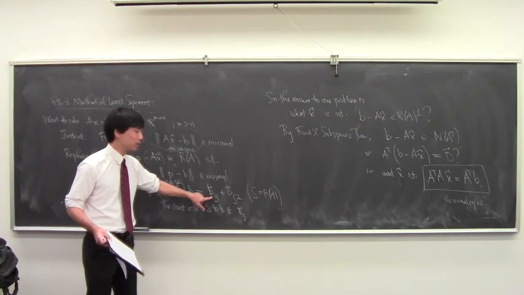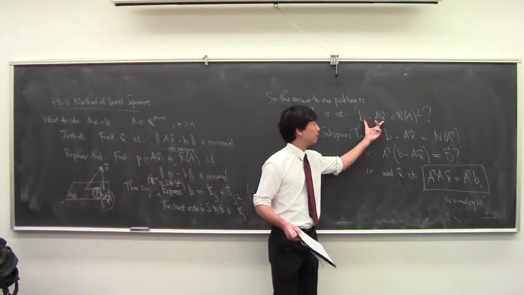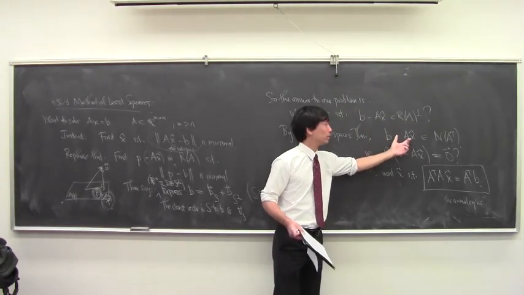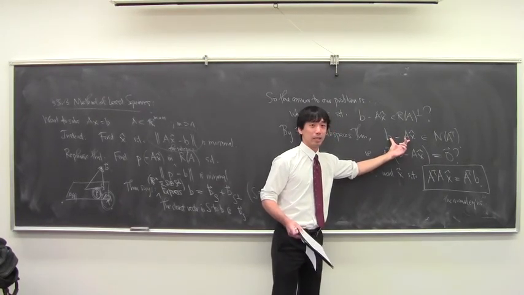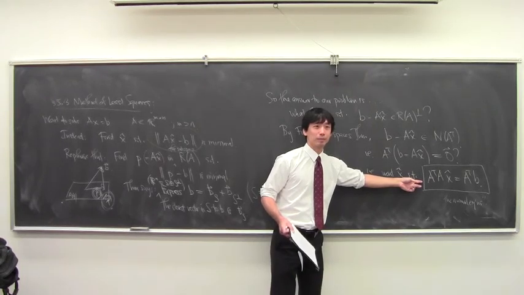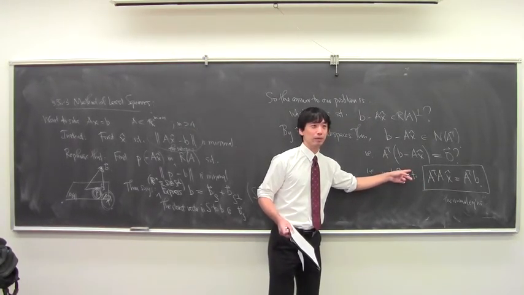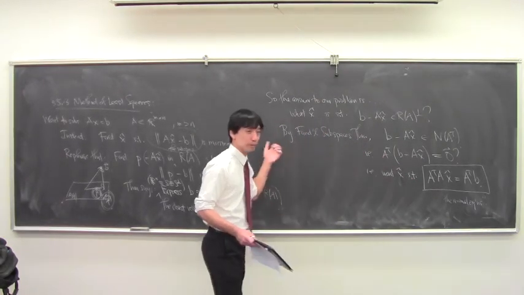In other words, we want b minus that thing to be perpendicular to the space. By the fundamental subspaces theorem, that thing must lie in the null space of A transpose, which is this. Any questions about any step? So we just take this thing and we translate it.